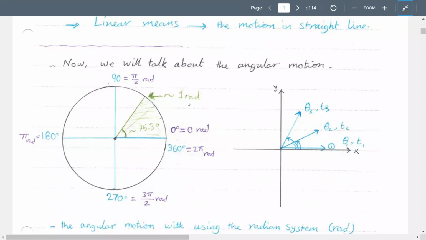This is 1 radian. This is 2 radian. This is 3.14 radians, which is pi. Pi equals 3.14, as you know. So it is 3 radians, 0.14, equal to 180 degrees.